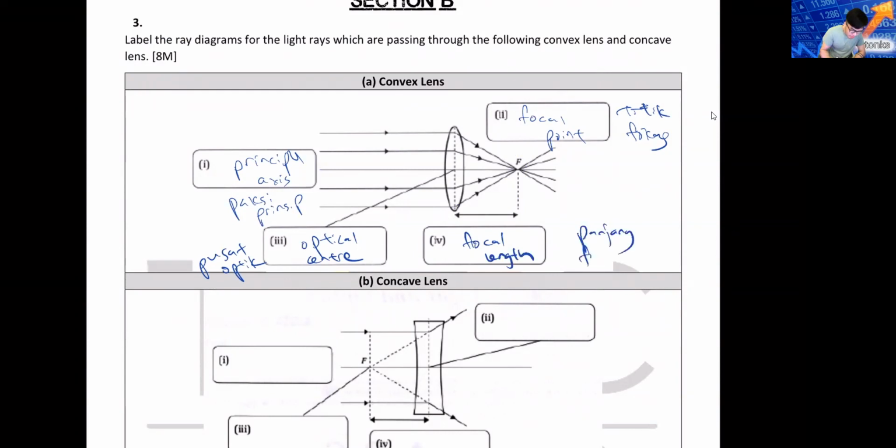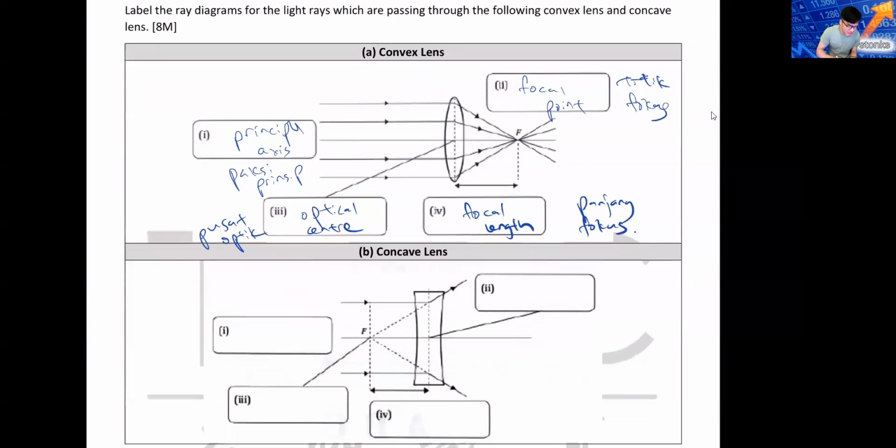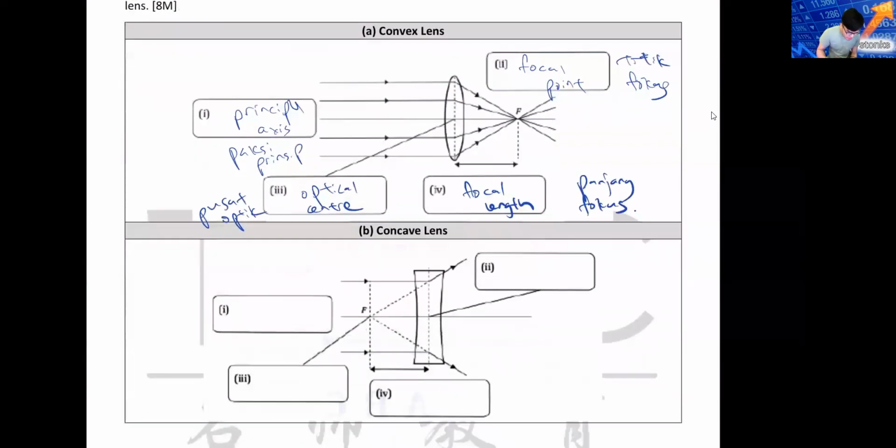Panjang fokus. You think like that got 4 marks? No lah. Like I said, the government is trying to encourage KBAT, critical thinking. So they won't ask you to blindly write things you memorize.